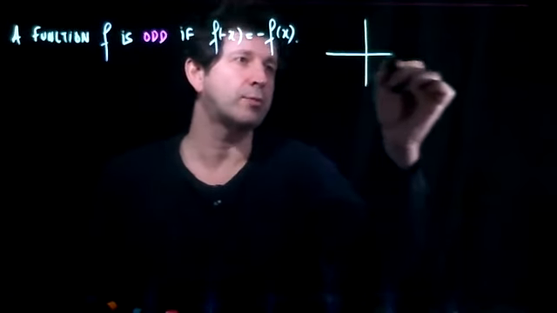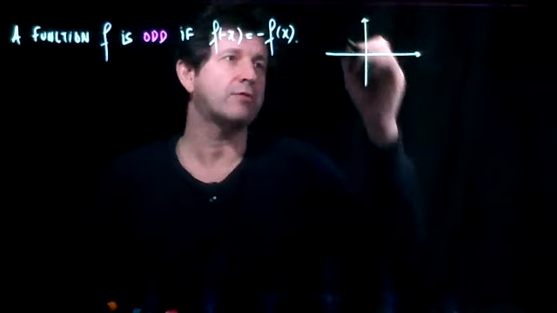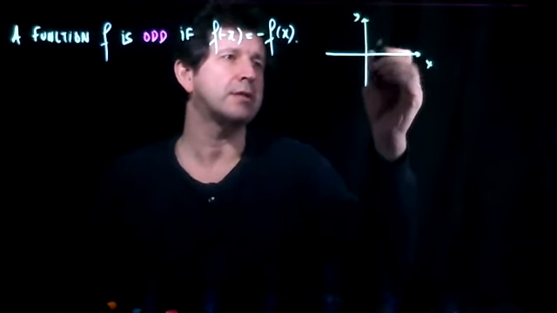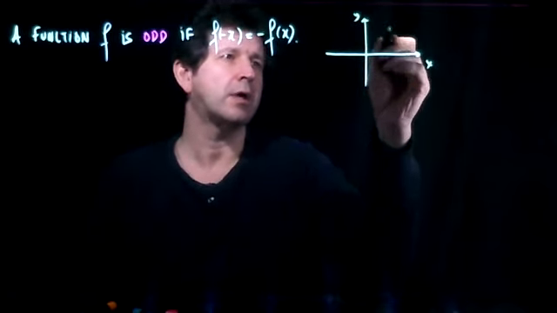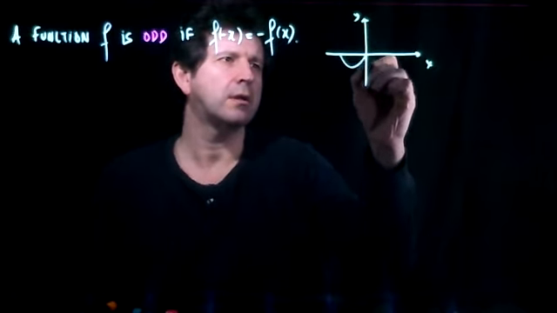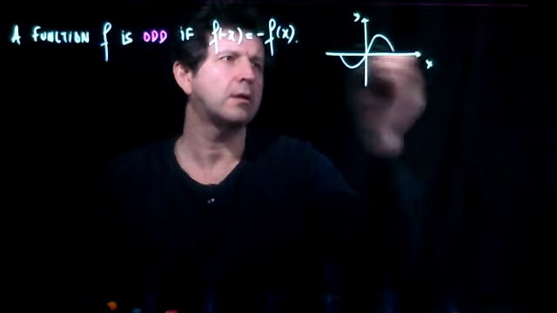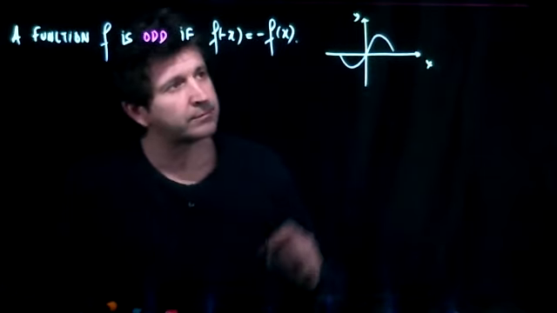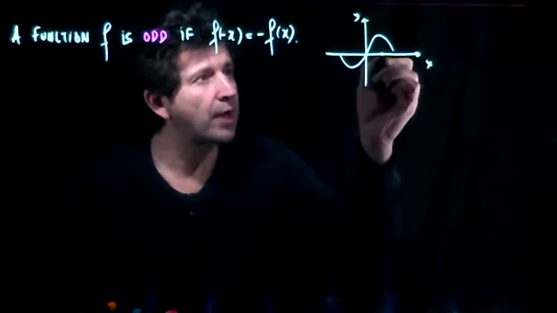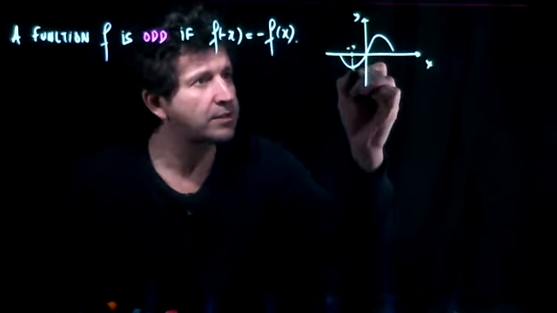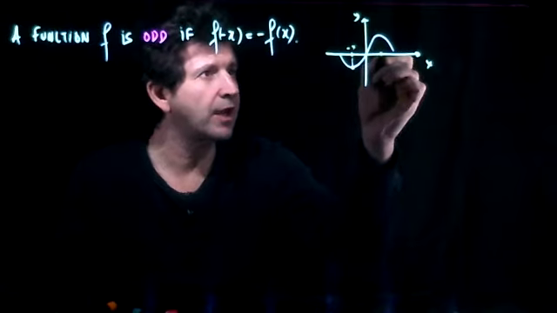Okay, so if I were to represent this graphically, it will look something like this. I don't know, let's say that's odd. Okay, so f of negative x is exactly the negative of f of x.